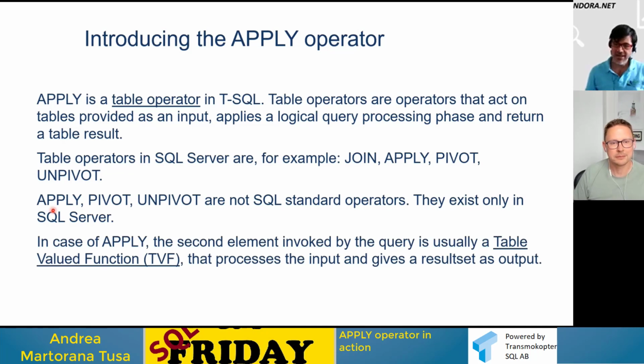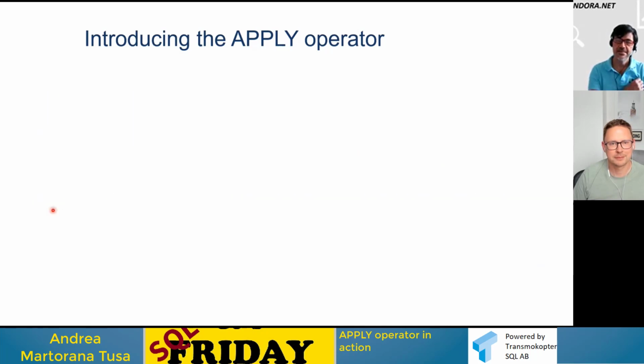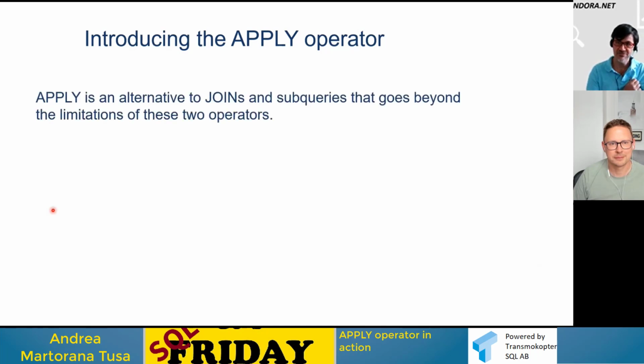In the case of the apply, you usually call a function in the form of a table valued function. We will discuss it in a few moments. I think the most difficult part is to understand exactly how the apply works.